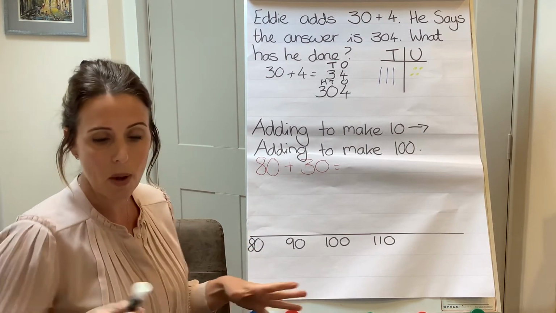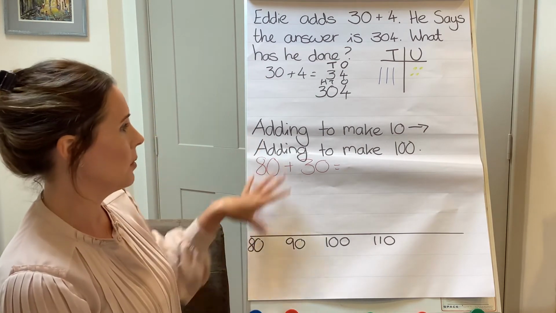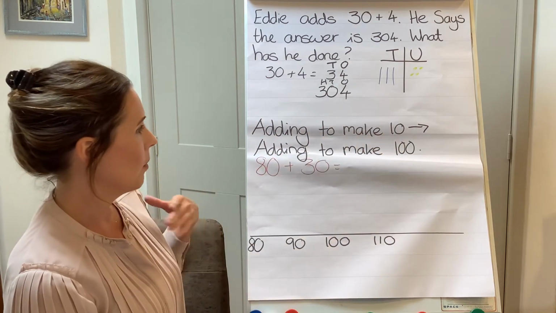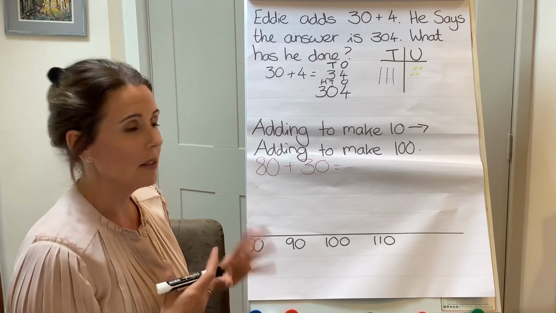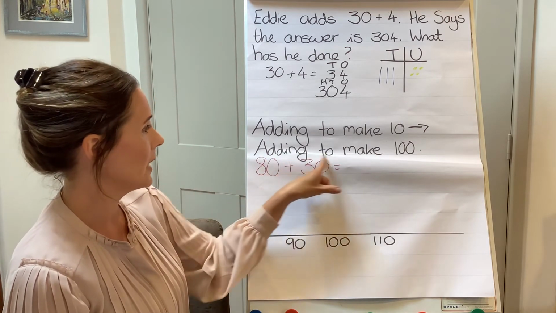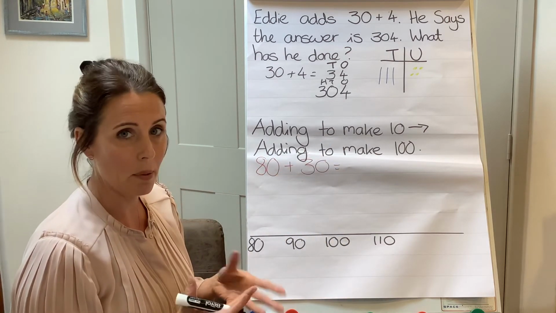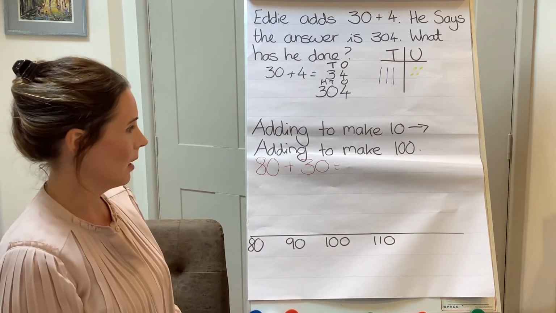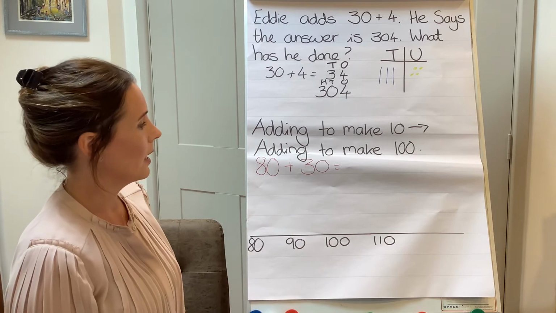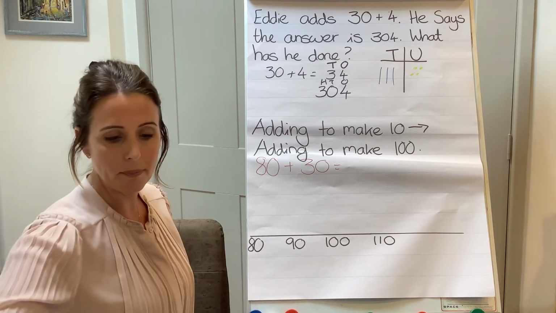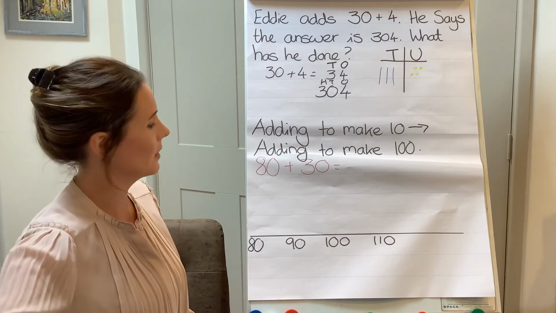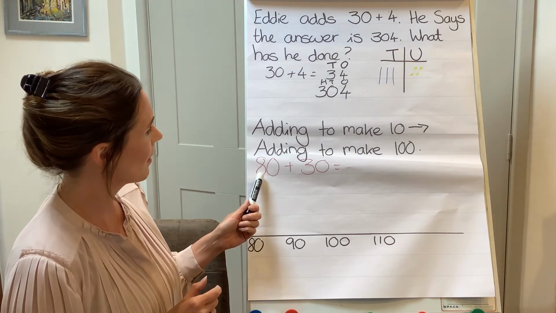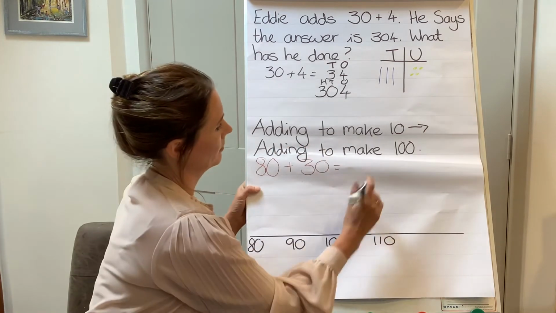Okay, this is why it's useful to be able to partition numbers in different ways. So adding to make 10, when we looked at regrouping to make 10, we can use adding to make 100 to help us to regroup. For example, 80 add 30, what we can do is regroup the number to make it easier to work with.